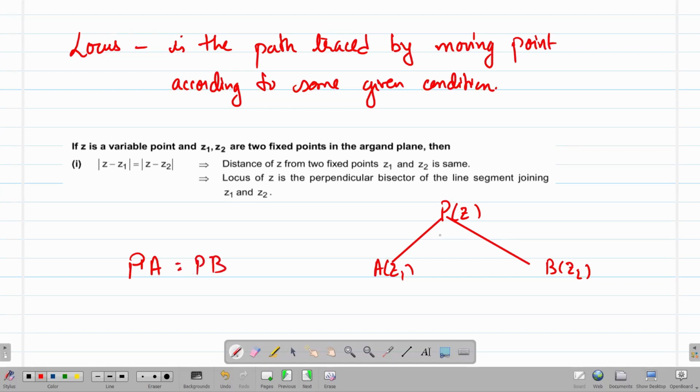If this point comes here, it follows the condition that PA is equal to PB. It comes here again, following the same condition, PA is equal to PB.